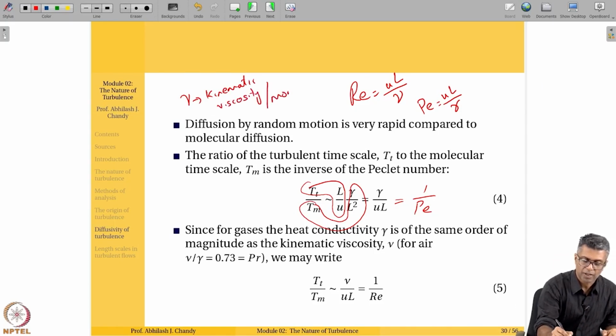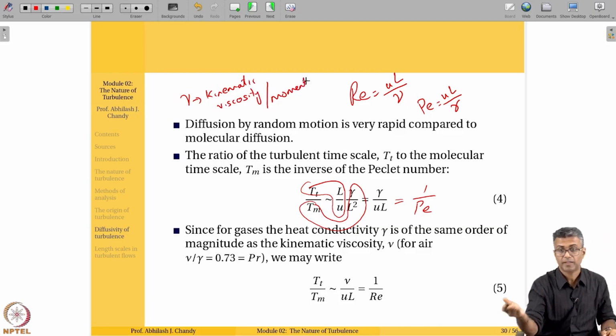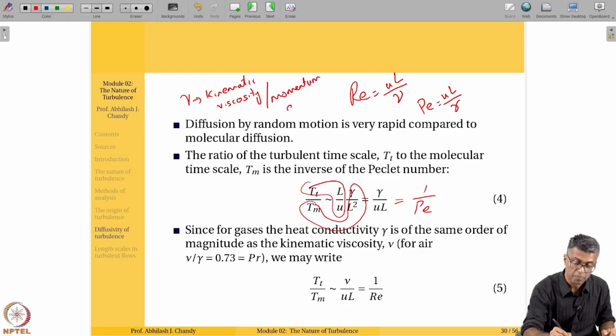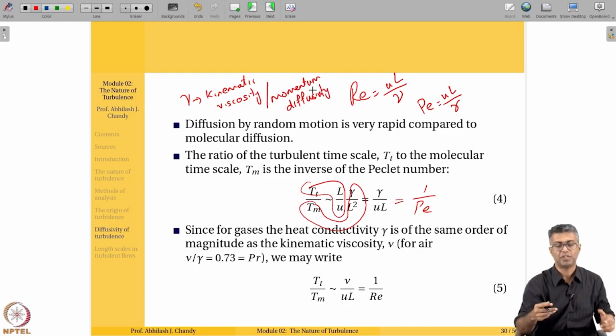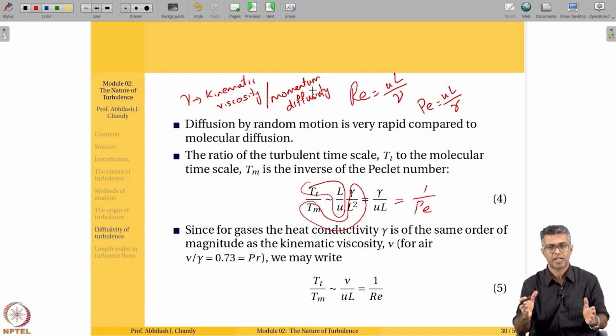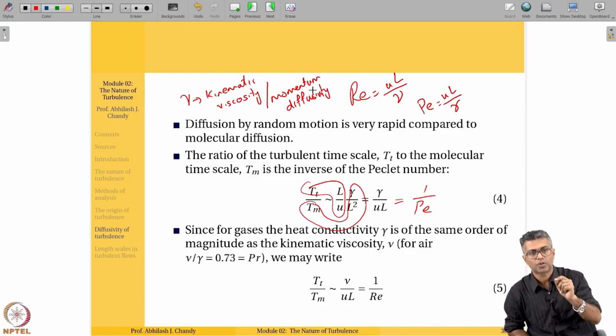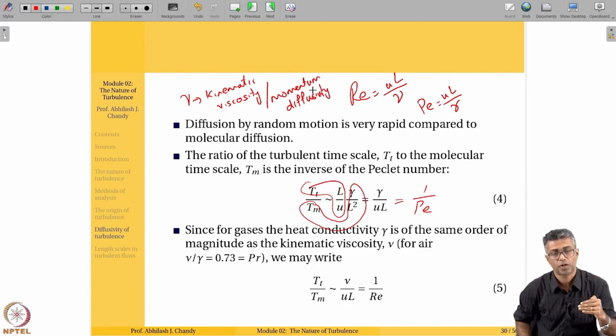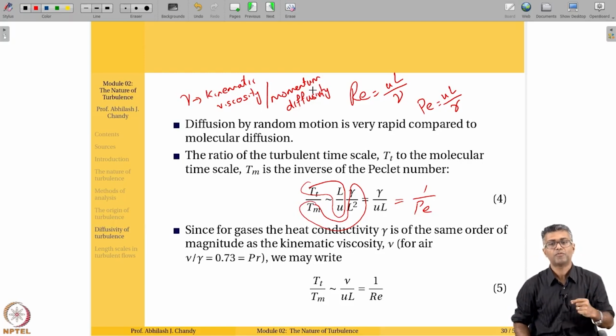Since we are calling gamma thermal diffusivity, just to stay consistent, I will call nu momentum diffusivity. So this ratio of the turbulent timescale to the molecular timescale becomes the inverse of the Peclet number.